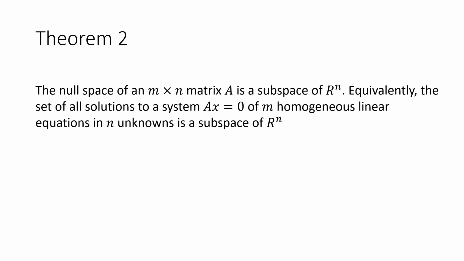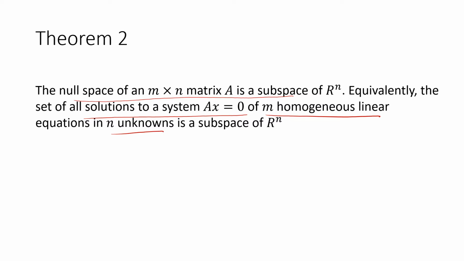So the null space of a matrix, in other words, the things that when you multiply the matrix by this vector turn into 0, is a subspace. Equivalently, the set of all solutions to the system Ax equals 0 of m homogeneous linear equations in n unknowns is a subspace of Rn.